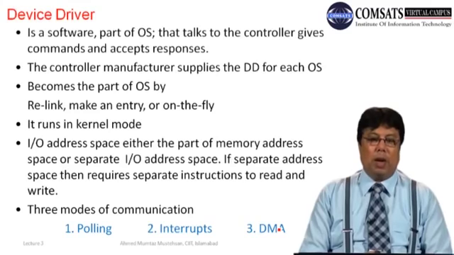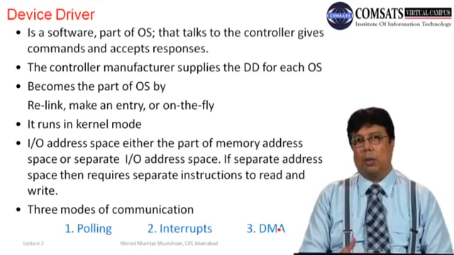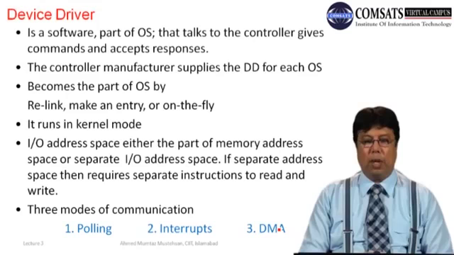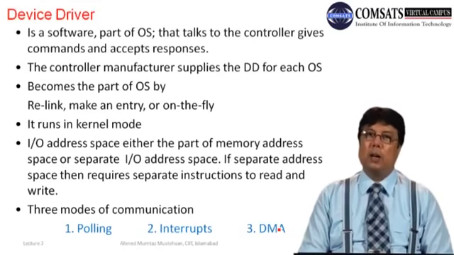So this device driver becomes part of the operating system in three different ways. Number one, by relink. Relink means that you have got the module, the executable, and you have to link it with the operating system. The second way is to make an entry.